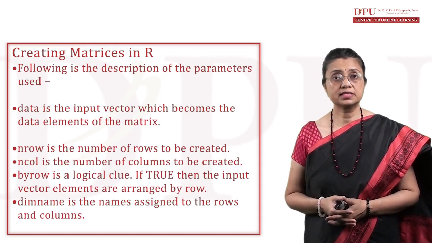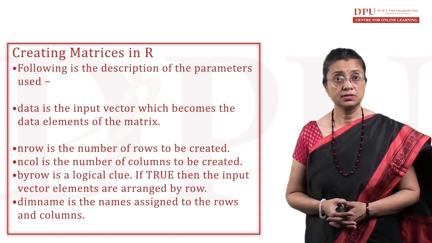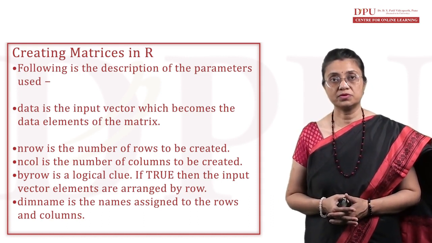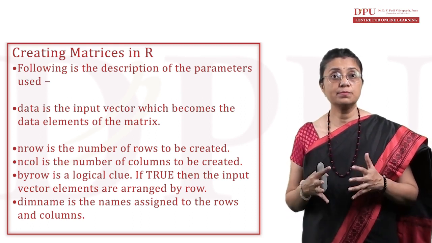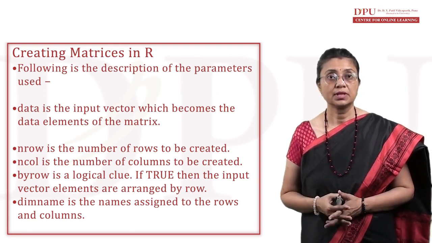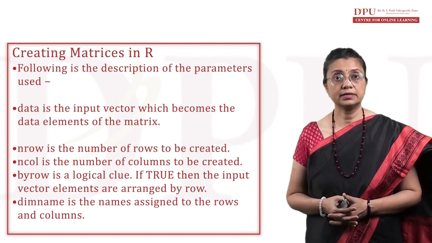Following is the description of the parameters used. Data is the input vector, which becomes the data elements of the matrix. So data is the main parameter of a matrix. Next we have nrow, which is the number of rows to be created.